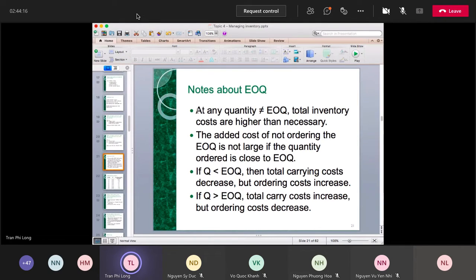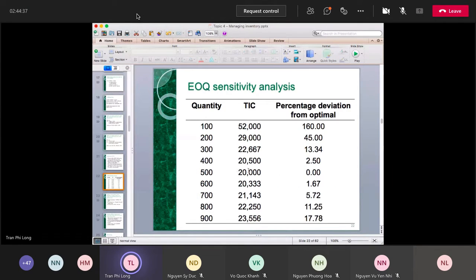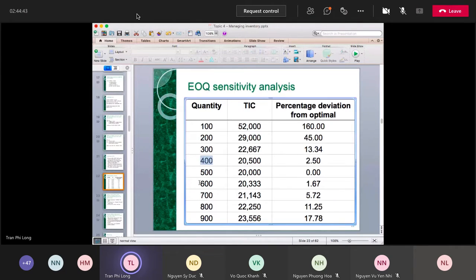The first note: at any quantity that is different from the EOQ, the total inventory cost will be higher. The second note: the added cost of not ordering the EOQ is not large if the quantity ordered is close to the EOQ. Here you can see in this table, if you order at the quantity of 400 or 600, the added cost is 2.5 or 1.67% above the optimal total inventory cost.